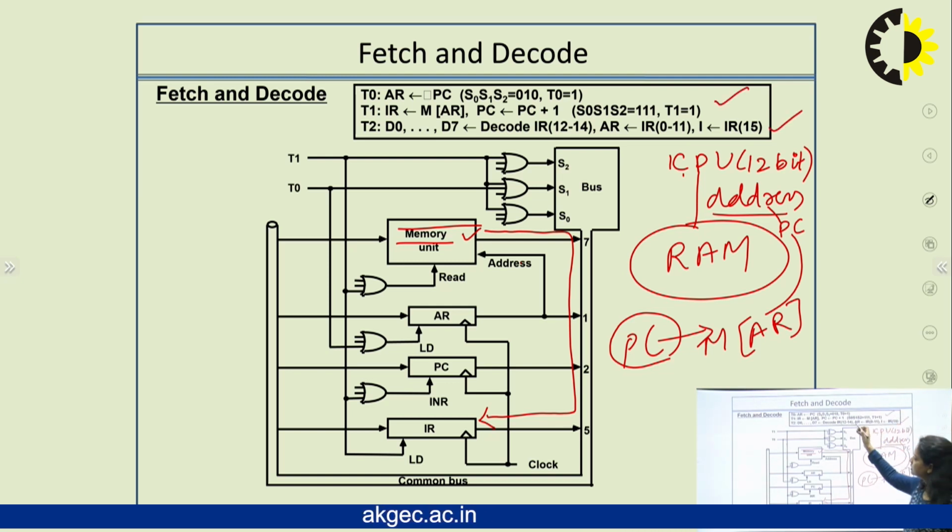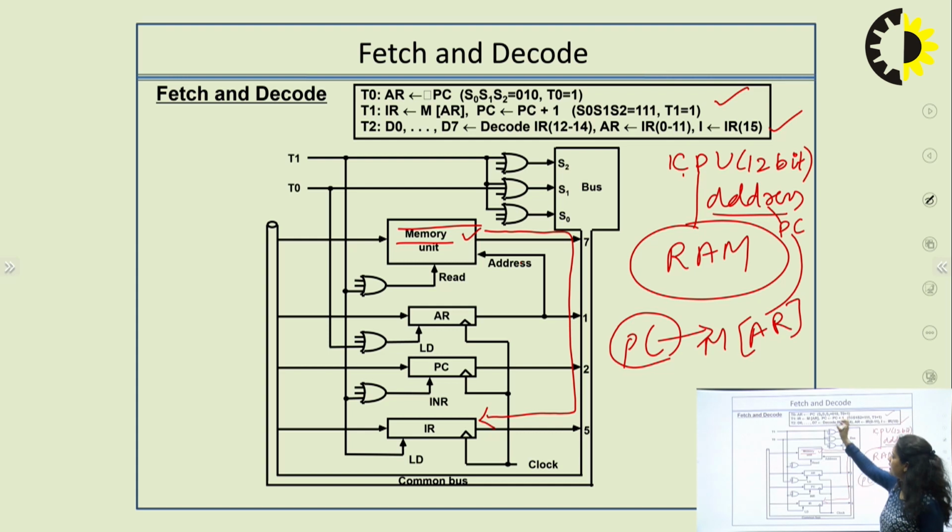So this is the hardware diagram for this process, and these are certain instructions, and we have some timing signals, we can say a time duration in which we have to complete this process. So at time signal T0, we are copying the content of the program counter into the address register. Means the address which is issued by the CPU to RAM, in that process first that 12-bit address is stored in the program counter and then copied into the AR register.